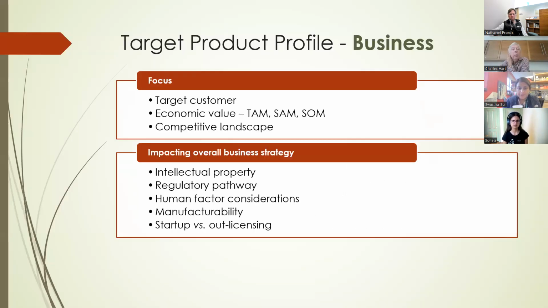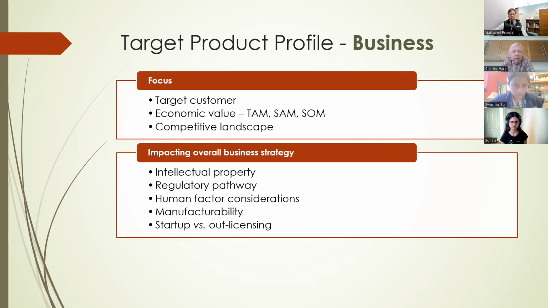So, starting off, there's really 3 fundamental focuses of the business aspect of the TPP. And you can see them here at the top. It's the customer. It's the economic value. For this, we use this CAM-SAM-SOM methodology that I'll describe these acronyms in a minute.